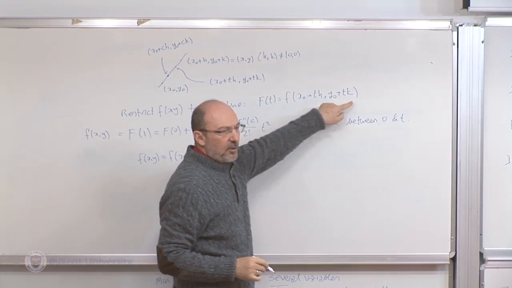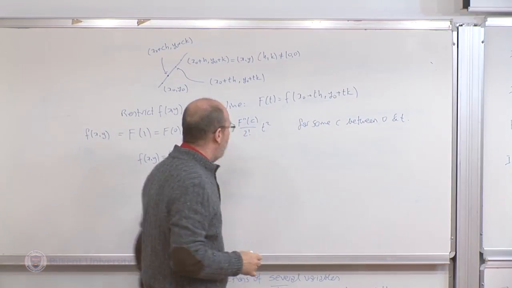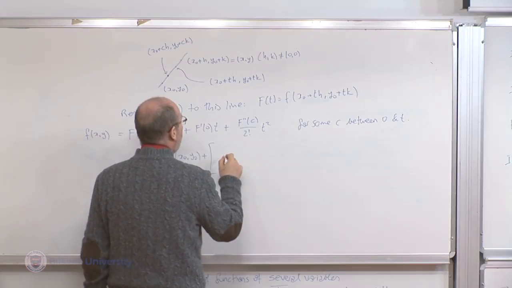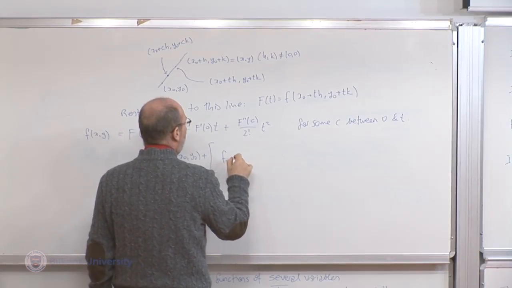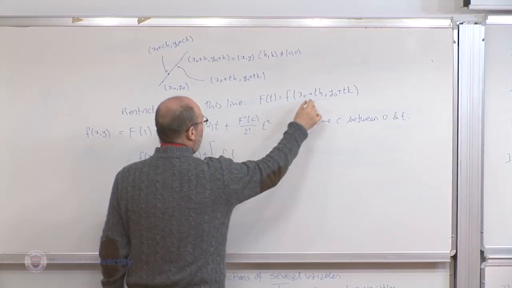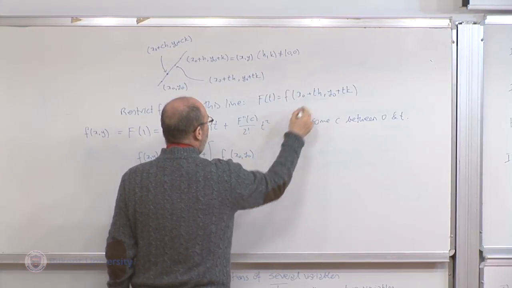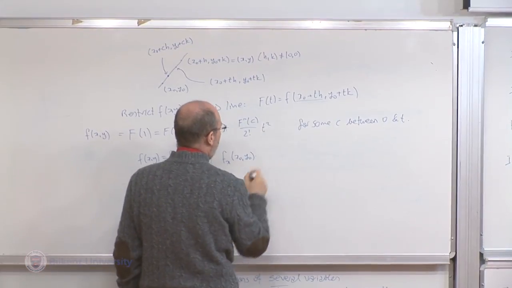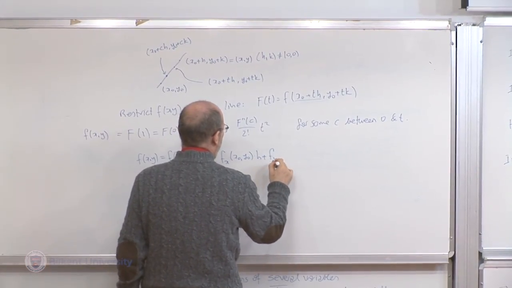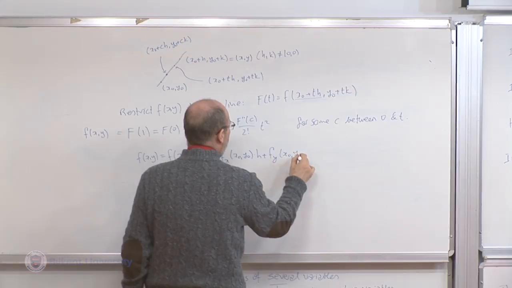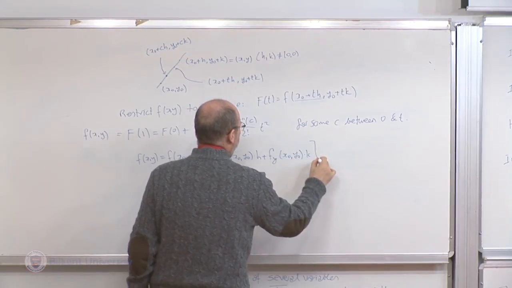I want to take the derivative of this with respect to t, so chain rule. Derivative of this with respect to x, evaluated at t equals 0, x sub 0, y sub 0, times h. Derivative of this with respect to t is h plus, I do the same thing with the second variable, times k.